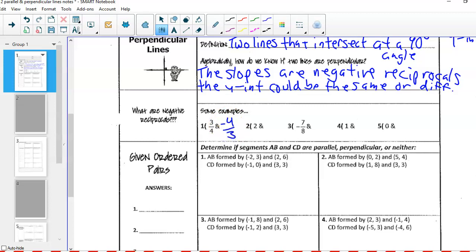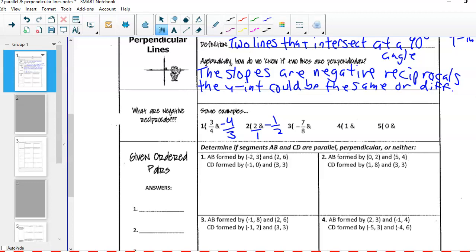What about 2? Negative 1/2. So we have to remember that our whole numbers really are over 1. So if we want to take the reciprocal of it, we have to make sure that 1 stays.